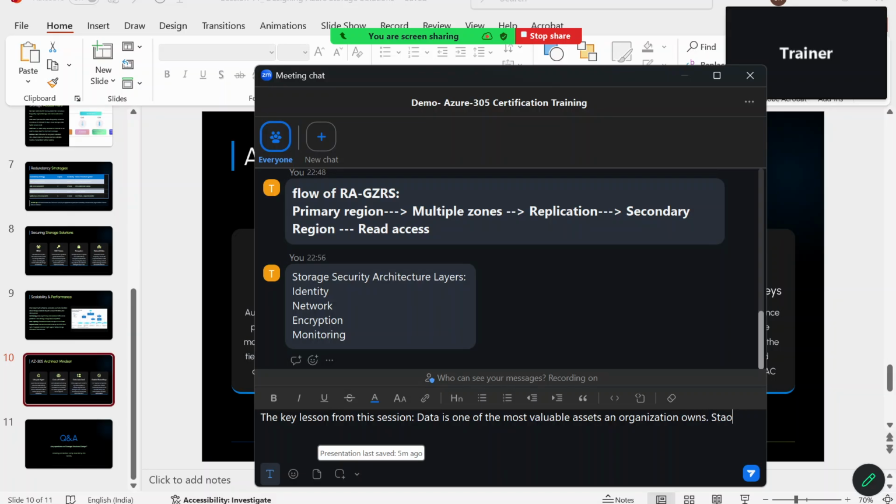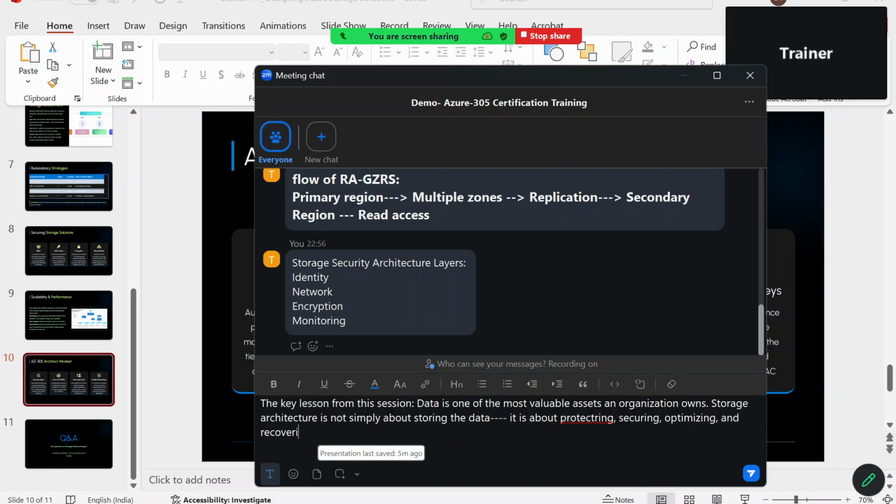Storage architecture is not simply about storing the data, it is about protecting, securing, optimizing, and very important, recovering that data when failures occur.